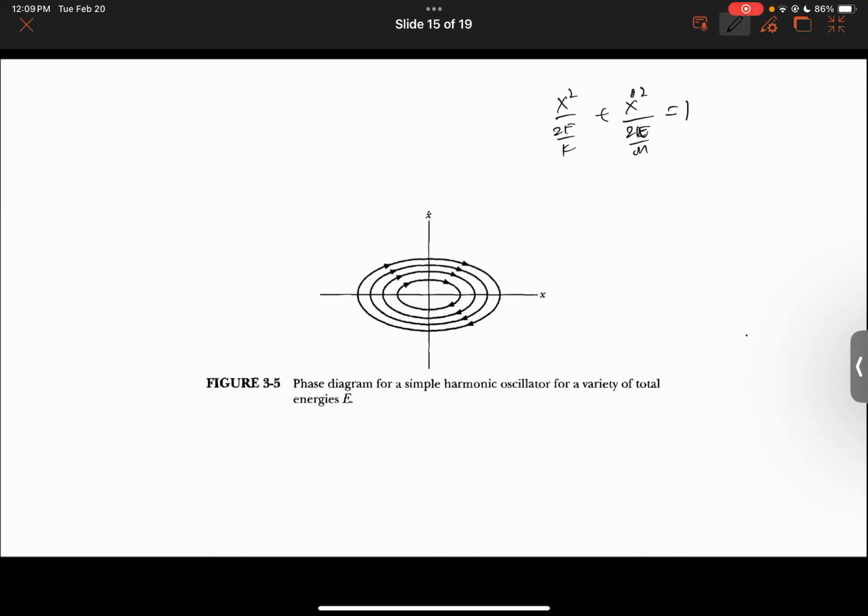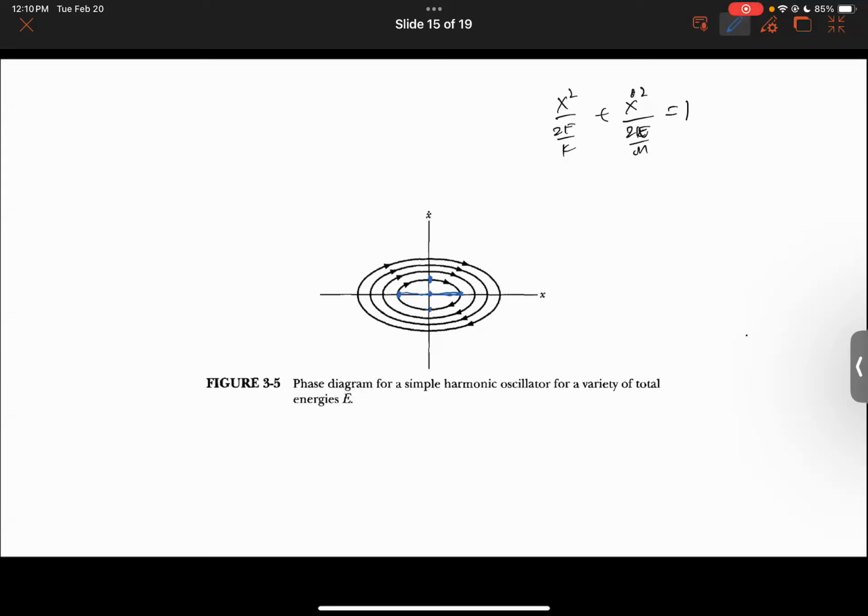So how do we interpret the motion here? As the object moves from left to right, here its velocity is 0. As it moves towards the equilibrium position, the velocity is maximum. Then as it moves towards the other end, the velocity again is 0. As it goes back, the velocity is again maximum, but since it's negative, it's in the opposite direction.